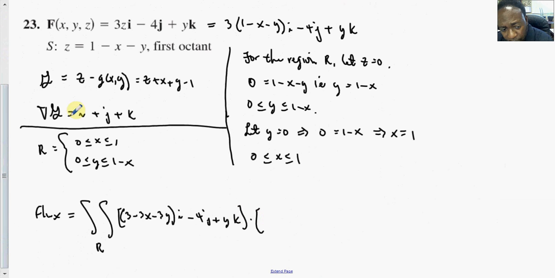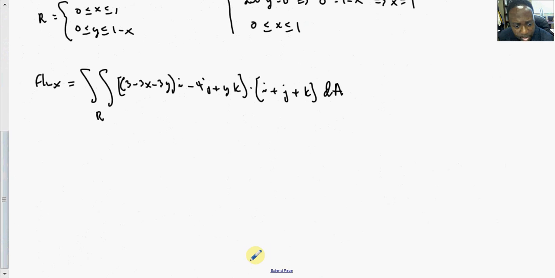That's dot with the gradient of G. This is I plus j plus k. And this is dA. Now we can go ahead and put in the limits of integration. X goes from 0 to 1. Y goes from 0 to 1 minus x.